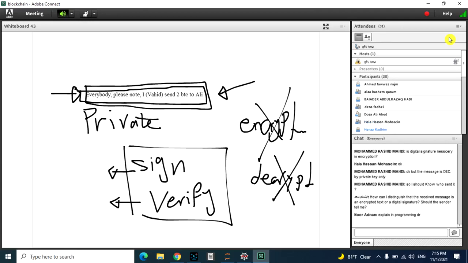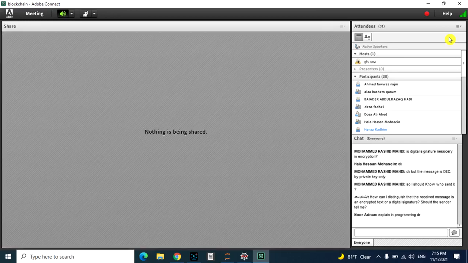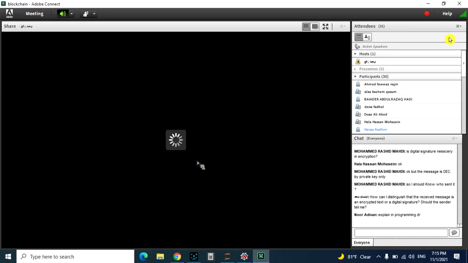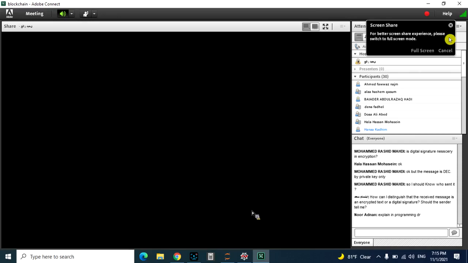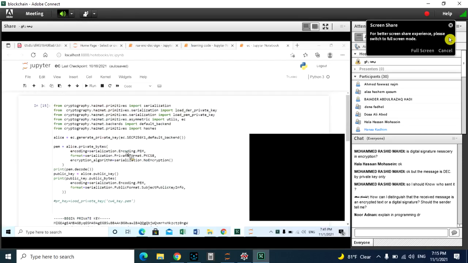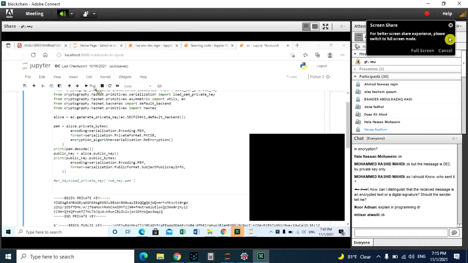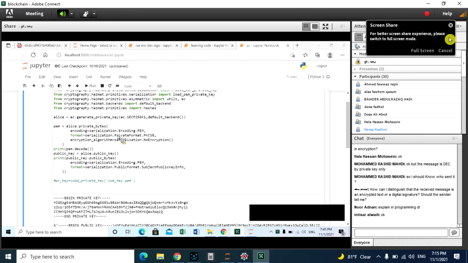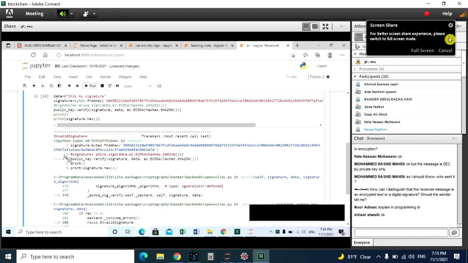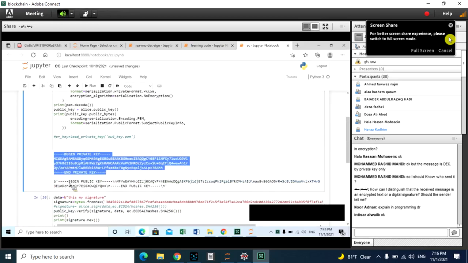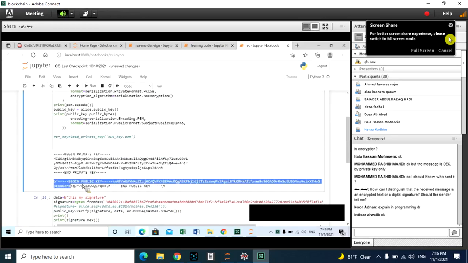I explained the programming just 5 minutes ago. This is the programming part. Here, if I run it, this is a private key, this is a public key.